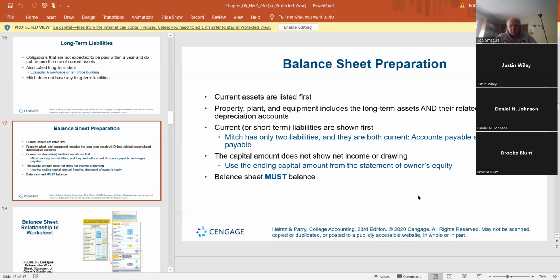What they're saying with that is, we are not going to show anything but the one capital number at the end of the month. We're not going to separate the net income on the equity statement, nor show the drawing. The drawing is the personal business of the owner, has nothing to do with the public's need to know. We just bring over one number for capital. And the balance sheet must balance.